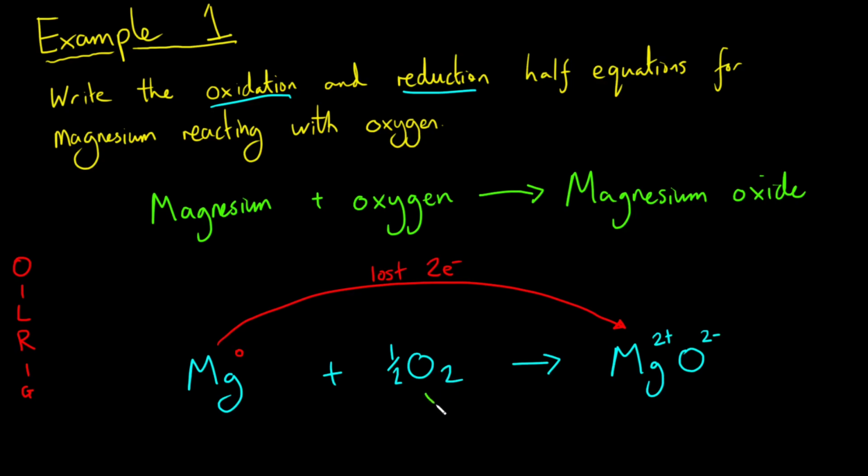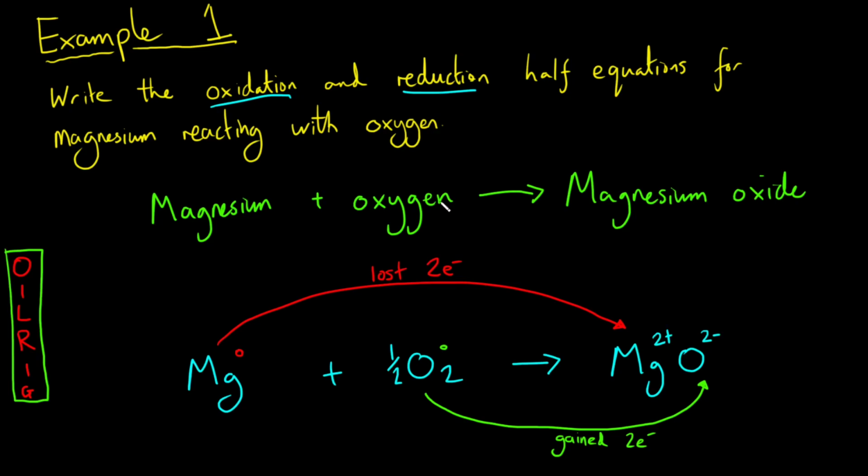Here's my oxygen atom on the left hand side. There it is on the right hand side. Over here it has no charge. Over on the right hand side now it has a charge of 2-. Well, how has it done that? It must have gained 2 electrons from the magnesium. The magnesium lost 2 electrons and gave them to the oxygen, which gained 2 electrons.